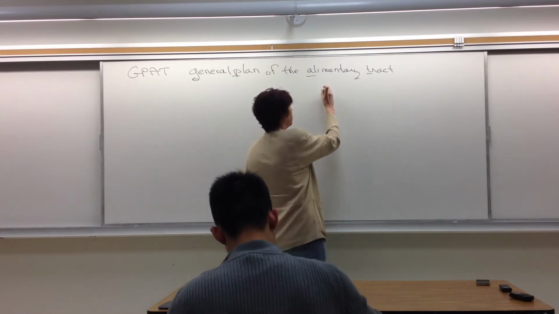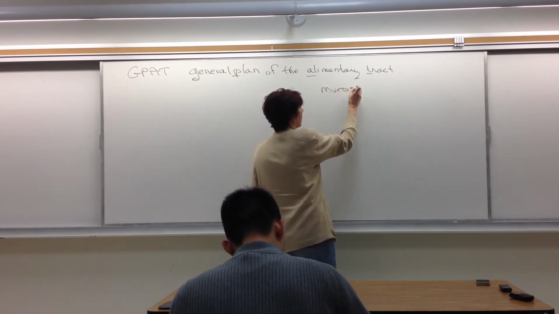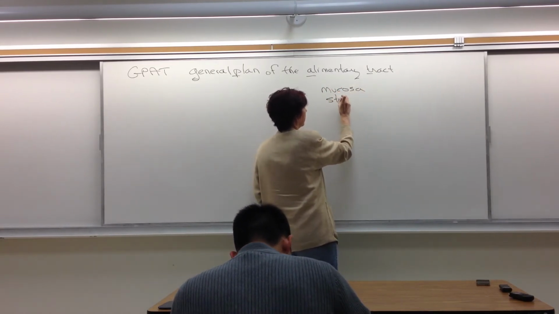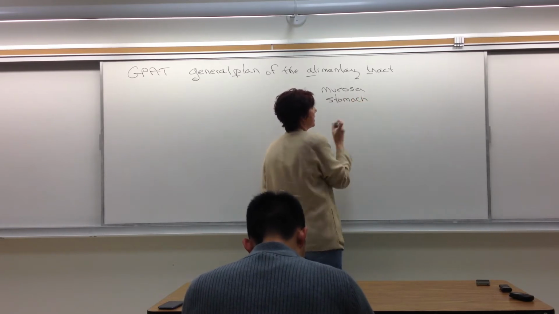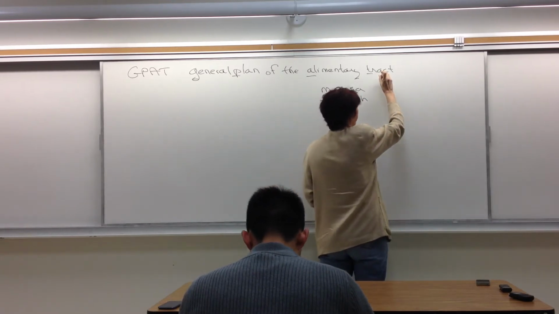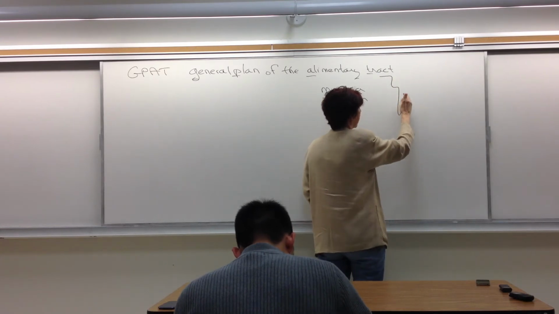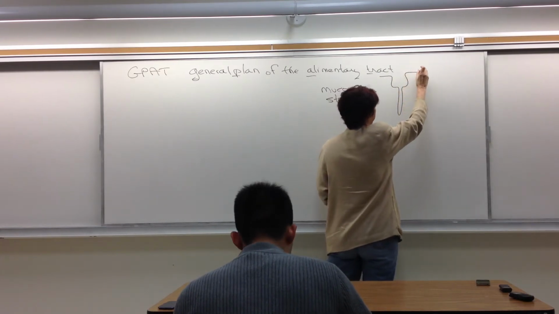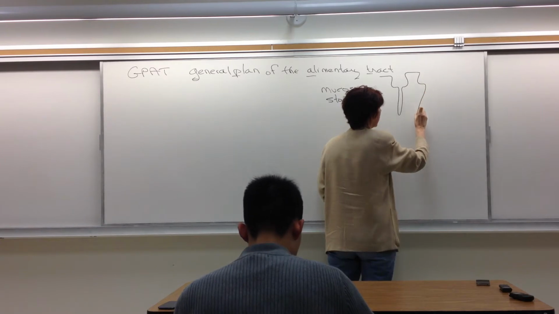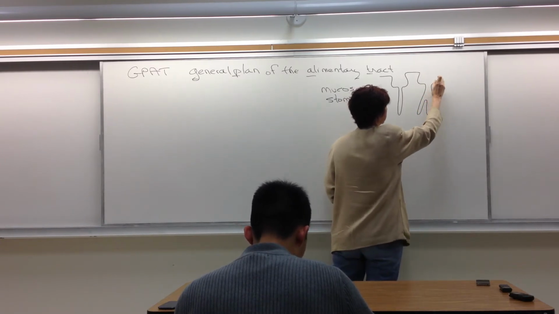So if we look at the mucosa of the stomach, and we'll come back and look at the detail of each of these. The surface epithelium forms gastric glands, but at the surface there are wide gastric pits.